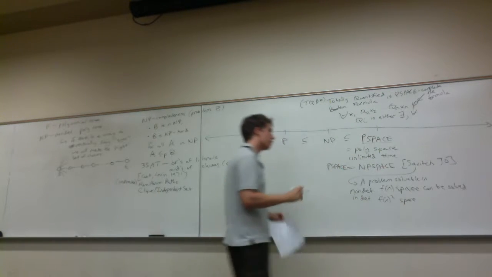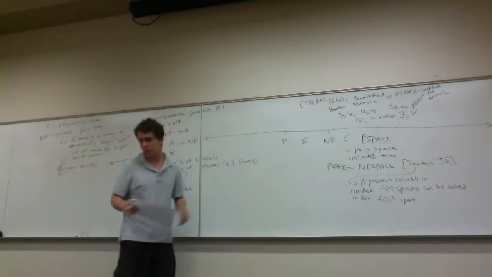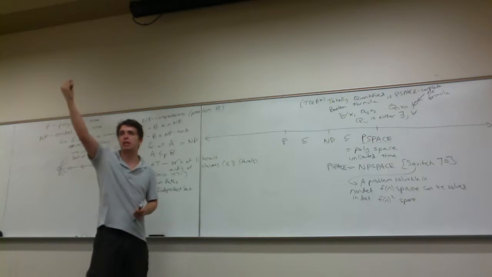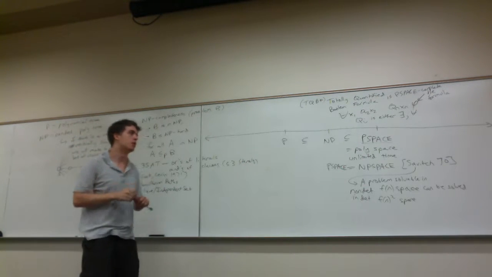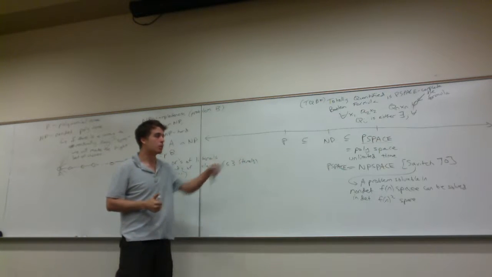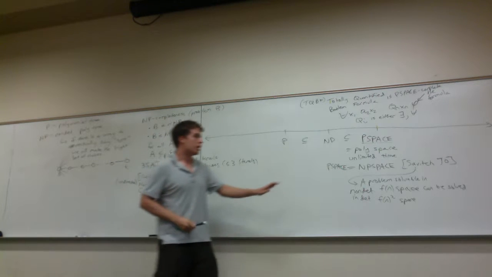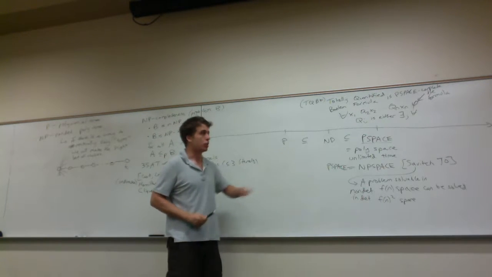So instead of, like for NP, because it's time, you may have an exponential growth in terms of how much time you use. With space, since you can reuse space, you only get a square factor here.